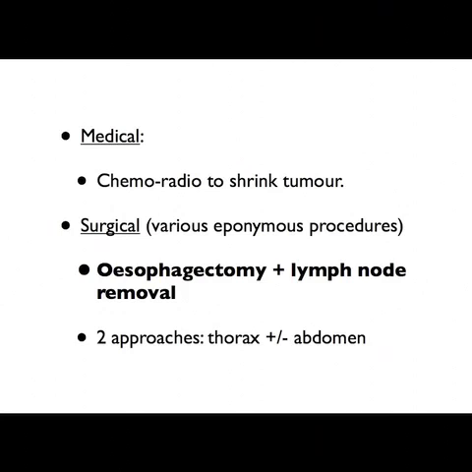They all have eponymous names like Ivor Lewis, transhiatal, McKeown. But basically, what you're doing is an esophagectomy and lymph node removal. There are two approaches to this esophagectomy, either through the thorax, the abdomen, or both. That's the essence of the surgery. So that really completes stuff about the esophagus. Prognostically, it's not good, is it, Johnny? It's poor.